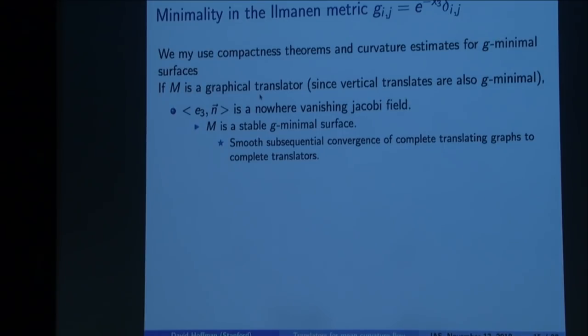Given a complete translating graph, it is either one of these delta wings or a tilted Grim Reaper. And the tilt could be 0, so it's the original Grim Reaper, period. What I did say is that the Zhao result about these things having non-negative curvature is critical for us. So the bowl soliton is the only entire one. It's the only entire one. Yeah. And the reason for that is that it was known to be the only entire one if you assumed it had non-negative curvature. So that comes from Zhao.